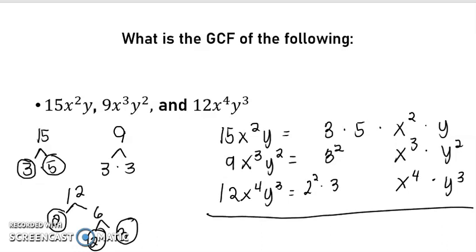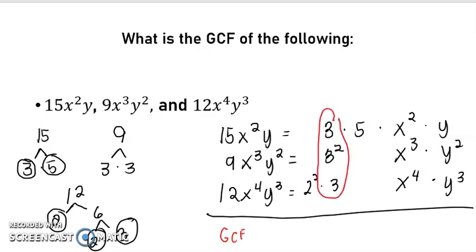Now, just a suggestion, if the given number or factor has an exponent, to get the greatest common factor, you'll just need the number with the lowest exponent. So, for example, 3, 3, 3.